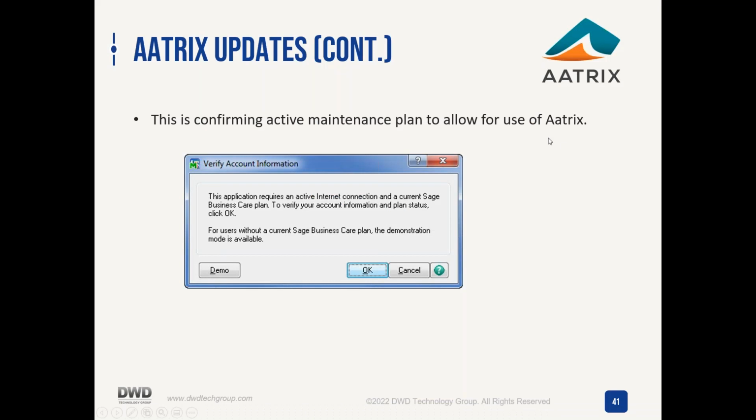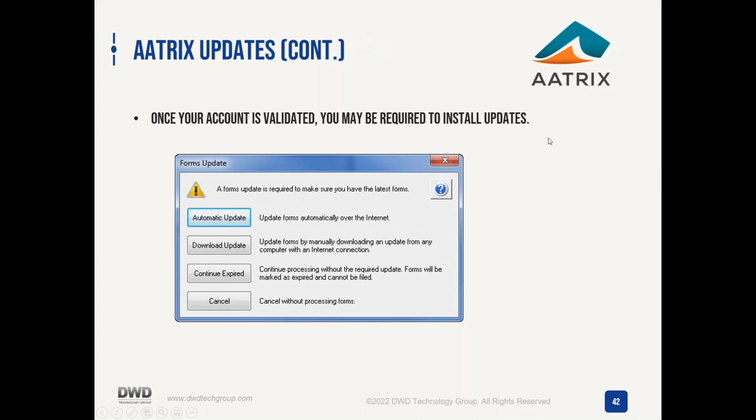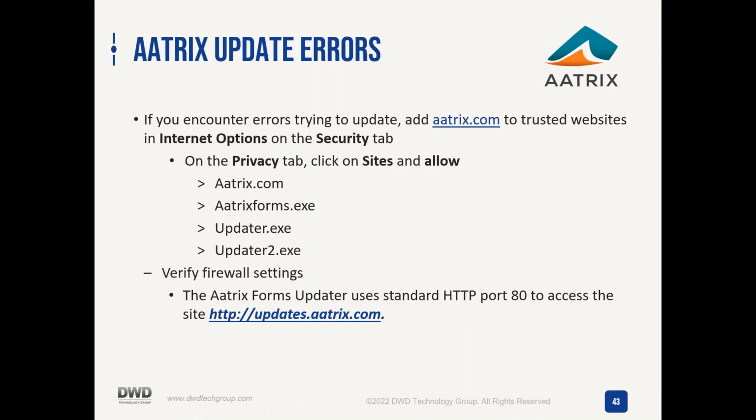So we've done a pretty healthy walkthrough of updating, walking through the actual process of a form. However, if you get errors while you try to do that automatic update, it is very possible that your network security has not allowed for certain Atrix components to be considered trusted.